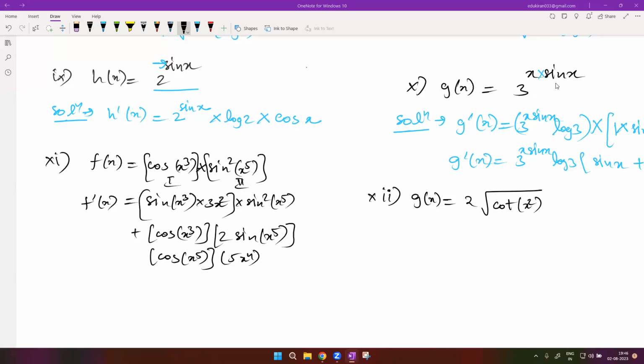Okay, how many people have done 12th? Everyone who has their hand raised, have all of you done 12th? Okay, I want any one of you to read out the answer. Austin can do that for 12th.